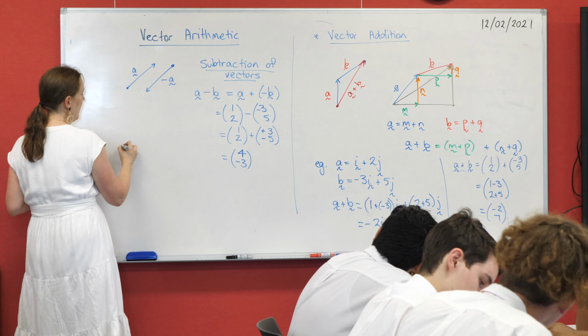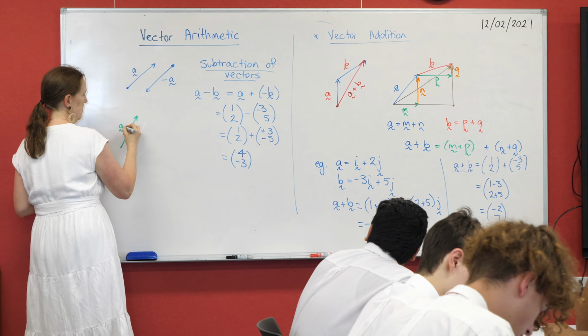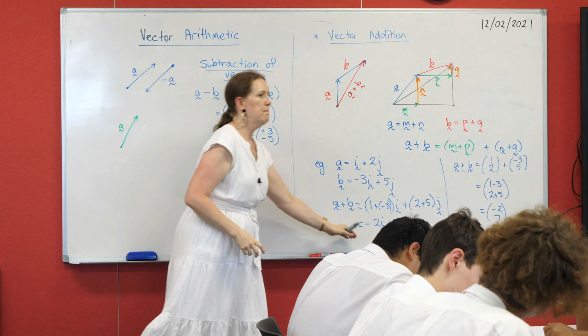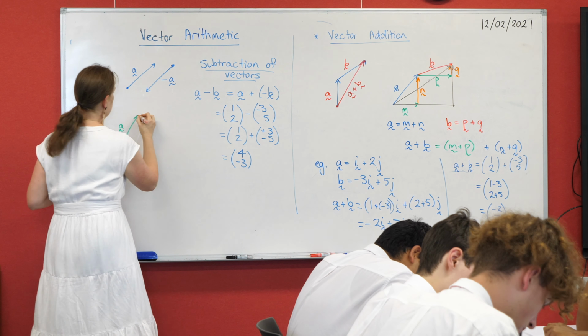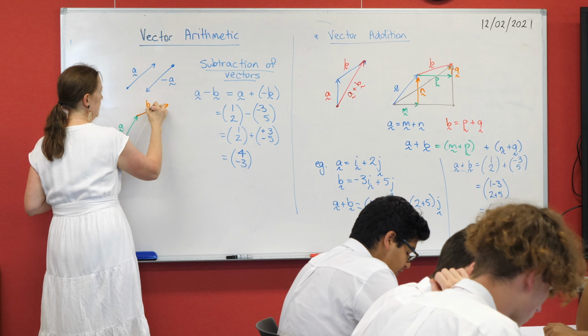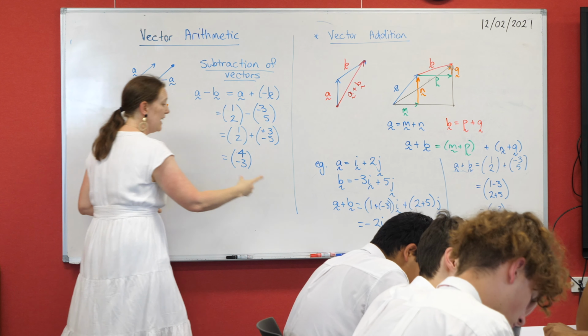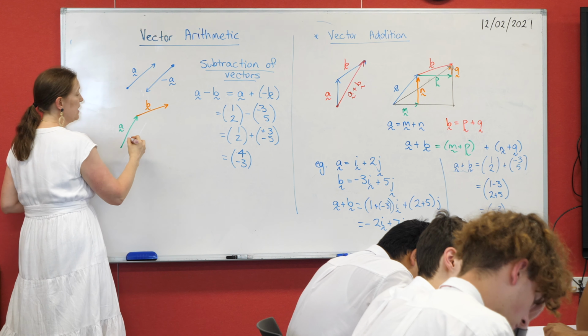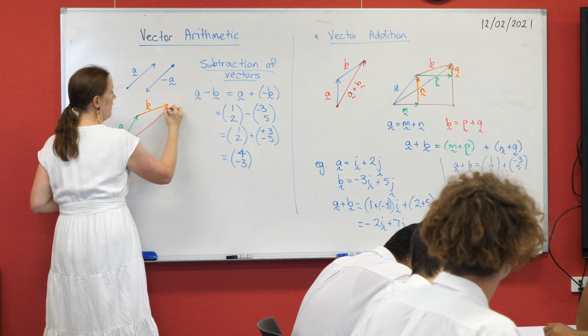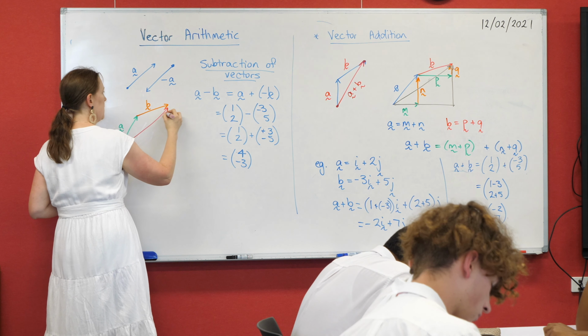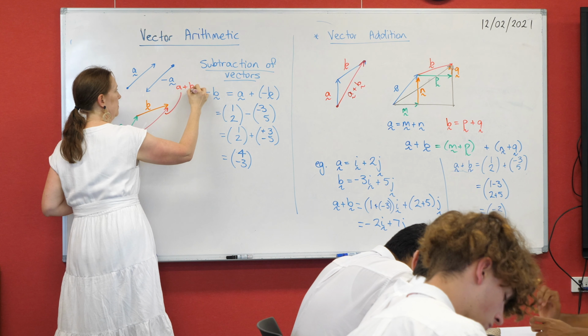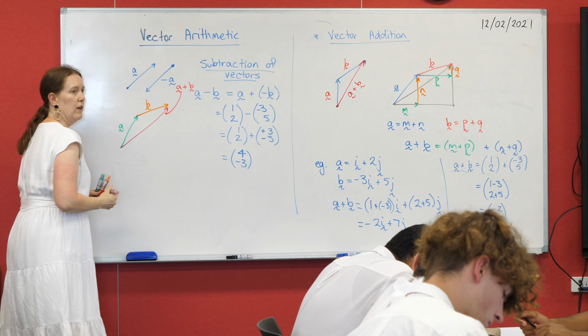Here's my A vector. Here's my B vector. When I added them before, I ended up with this vector. I'm just going to write that off here. Agreed.